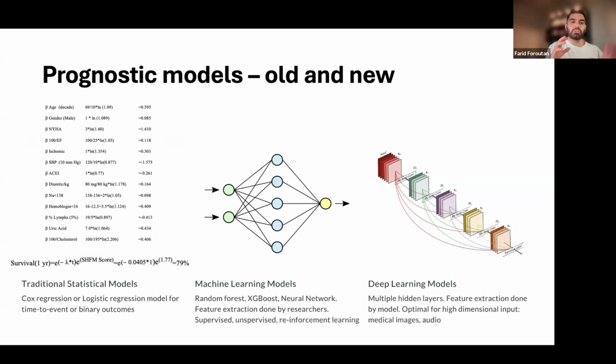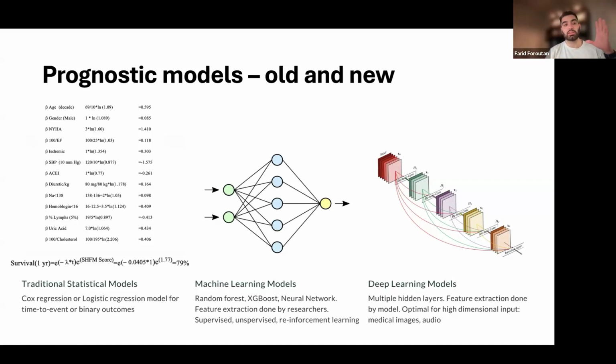And we know how much each of these individual factors is associated with risk of mortality at some follow-up time in heart failure patients. By knowing the individual contributions of these factors, we can put them together in a formula, and that formula at the end will output the predicted risk of mortality, depending on the different interplay of these factors.